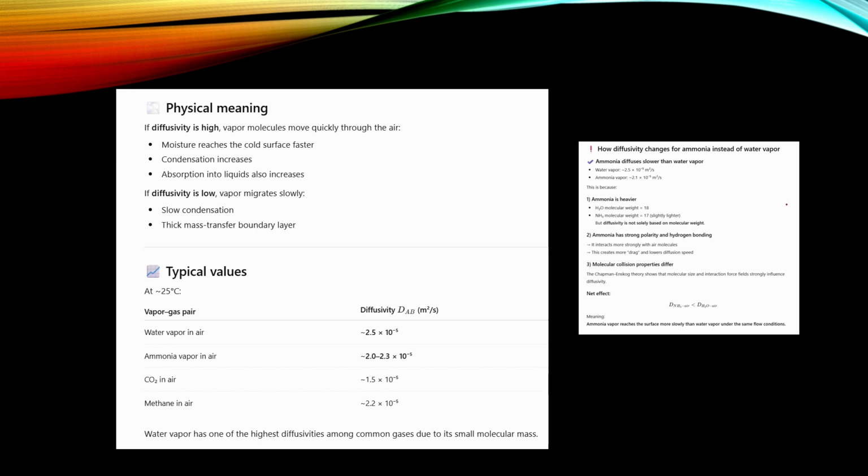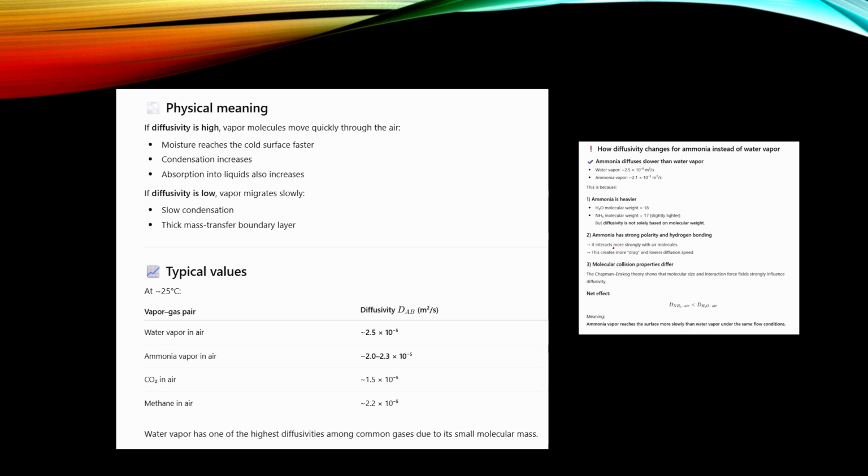And here is described the difference between ammonia and water vapor. Ammonia is a little bit heavy, but the bigger reason is that ammonia has strong polarity and hydrogen bonding.